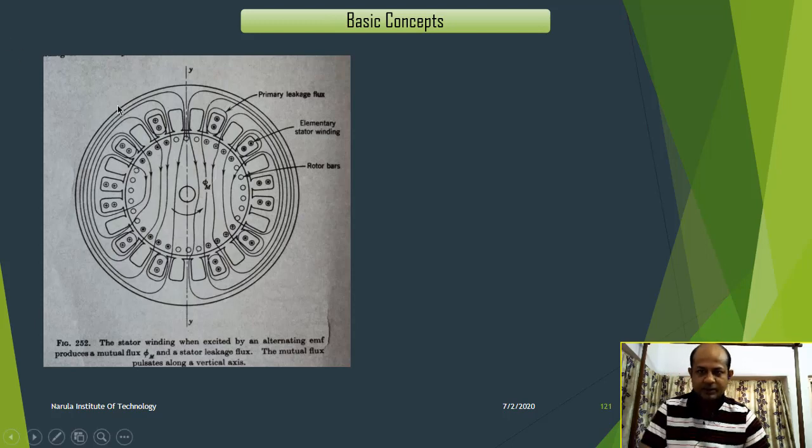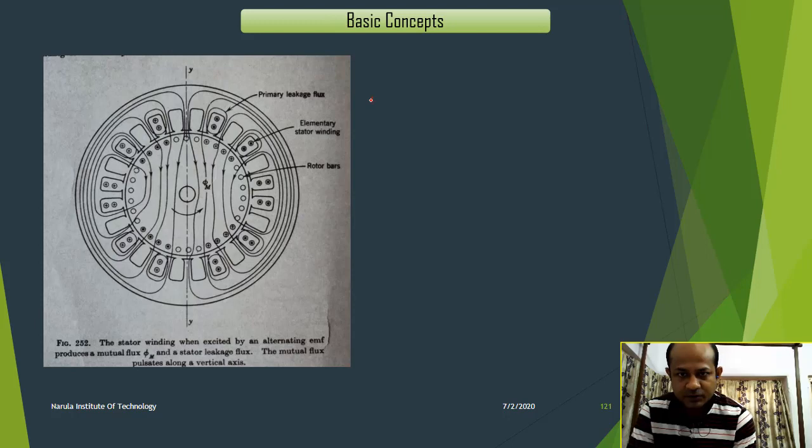This figure shows the distribution of stator winding, distribution of motor winding in stator slots for a two-pole machine.